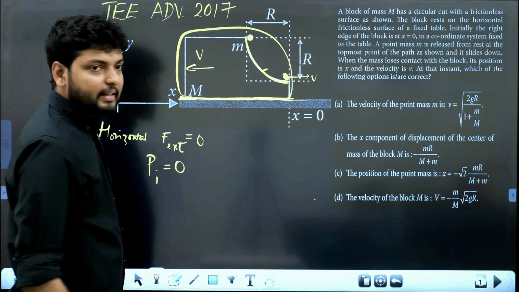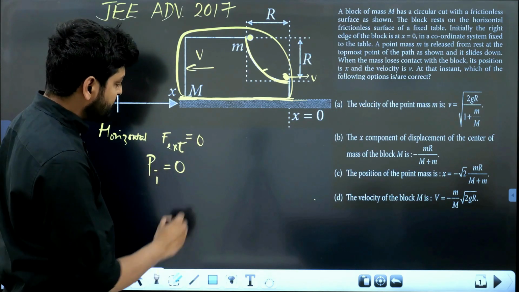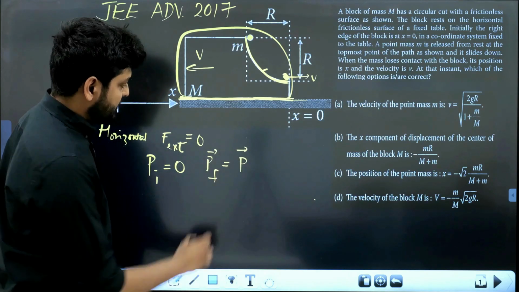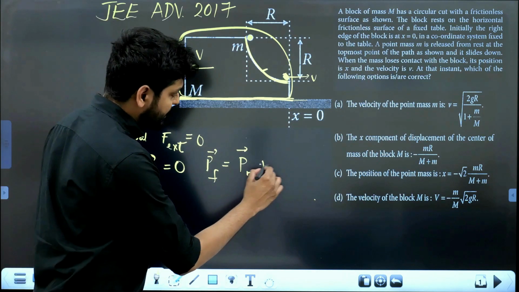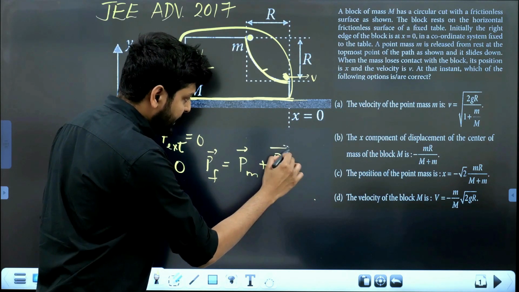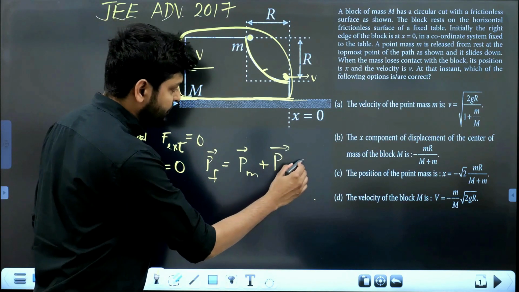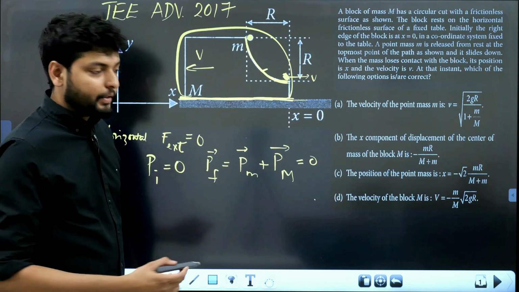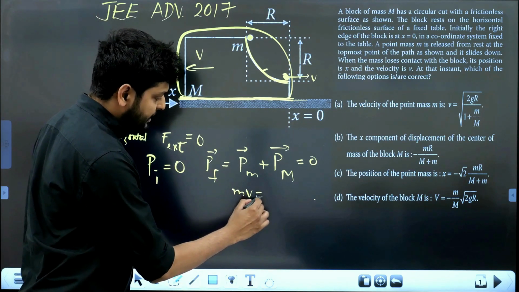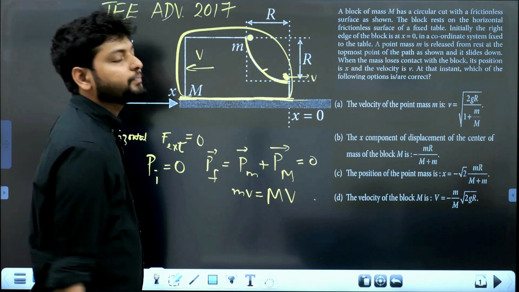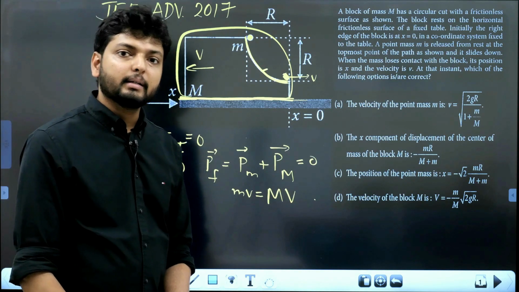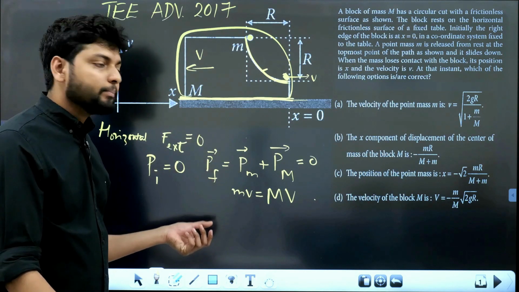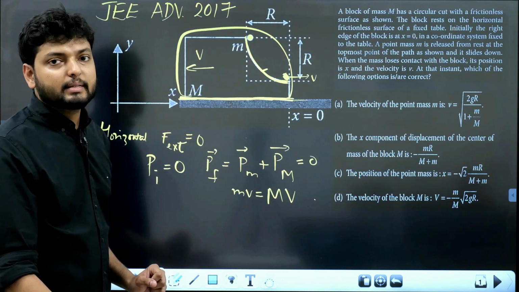Since F external is equal to 0 and P initial is equal to 0, P final, which is the vector sum of momentum of the small mass plus momentum of the bigger mass, should also be equal to 0. So if I consider only the magnitude, I can say that small m into small v is equal to capital M into capital V, right? This is one important conclusion that we can draw from this situation.